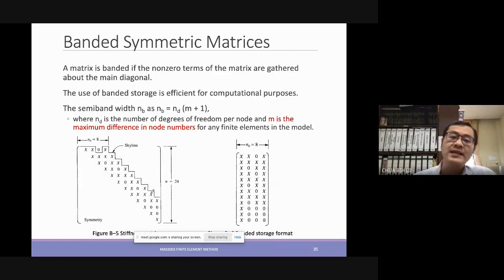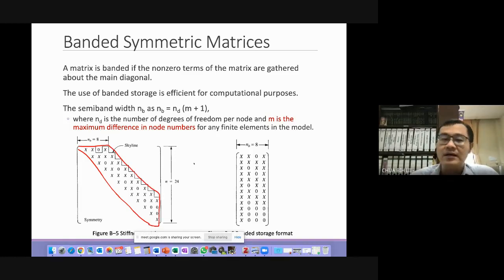So first we look at the banded symmetric matrix. As we say, the common characteristics are symmetrical and banded. Banded means you can see only this part consists of non-zero data, whereas the rest is mostly zero.